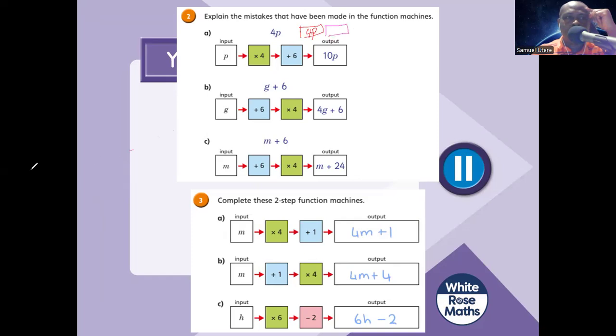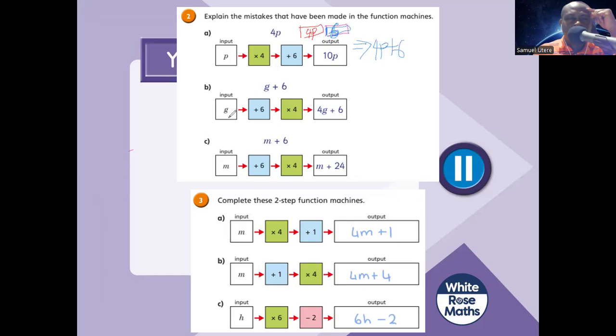I think blue would be better. Let's use blue. We have a bar that is 6. So when we write this, the correct answer should be 4p plus 6. So that's the mistake that was done there.